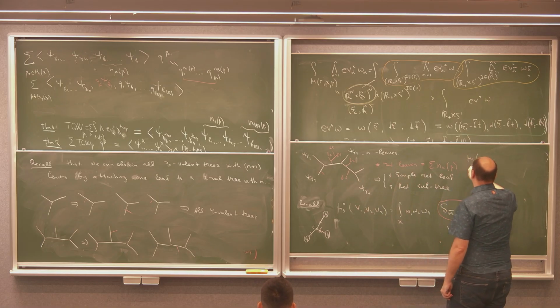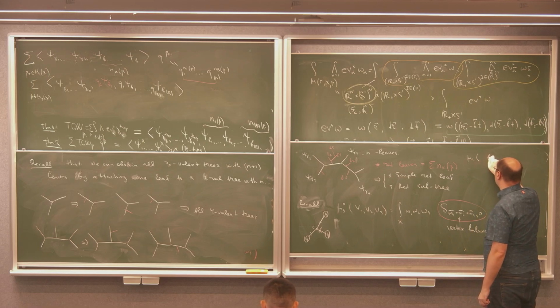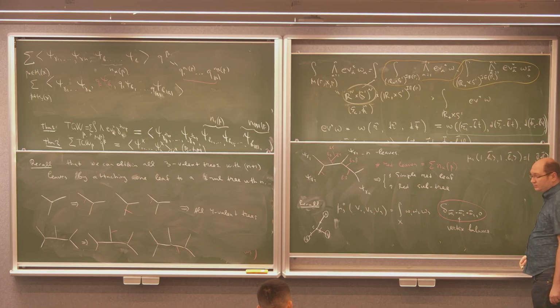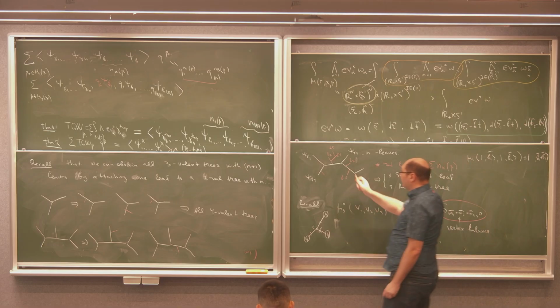Remember that in the multiplication we take a wedge product of differential forms, but we also add up these integer vectors.